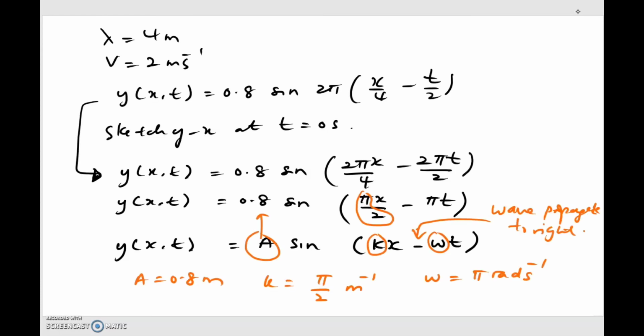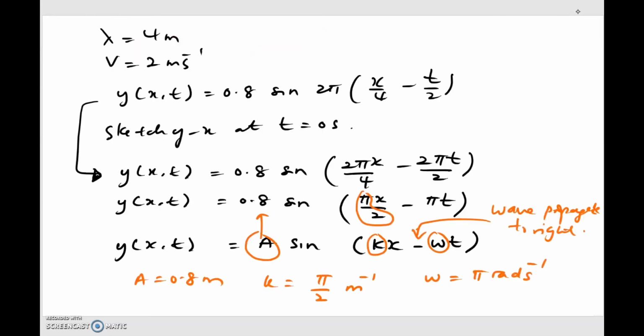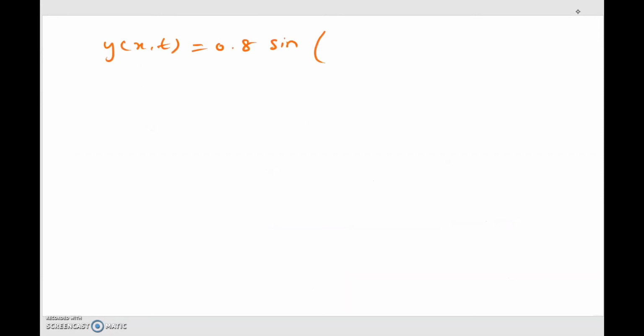So then you have to sketch y versus x at t equal to 0. Remember that you have y(x,t) equal to 0.8 sine(pi x over 2 minus pi t).